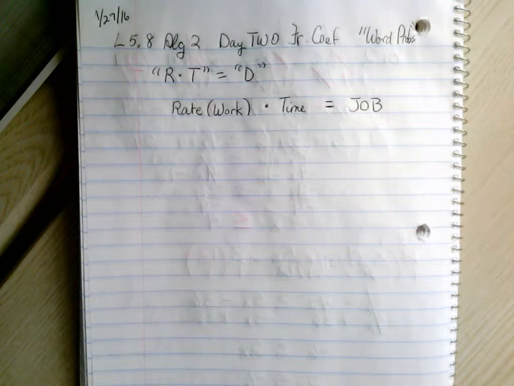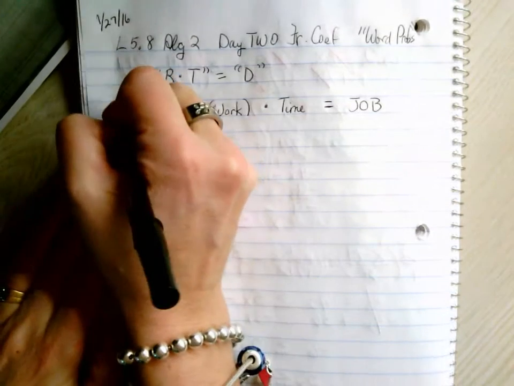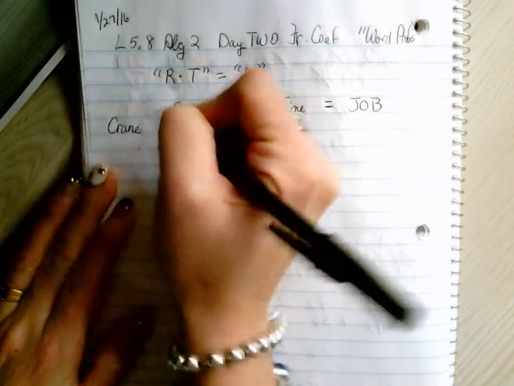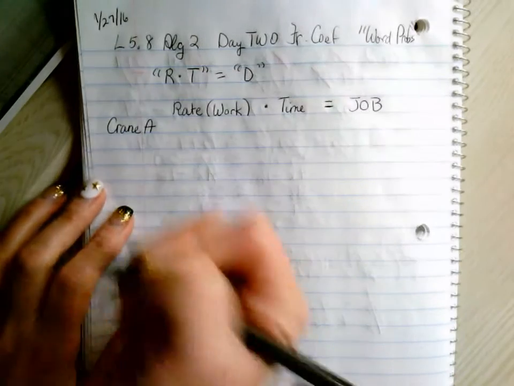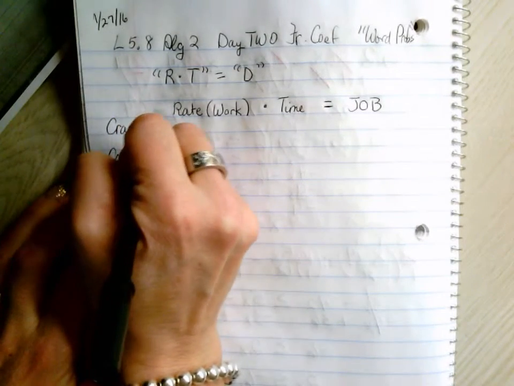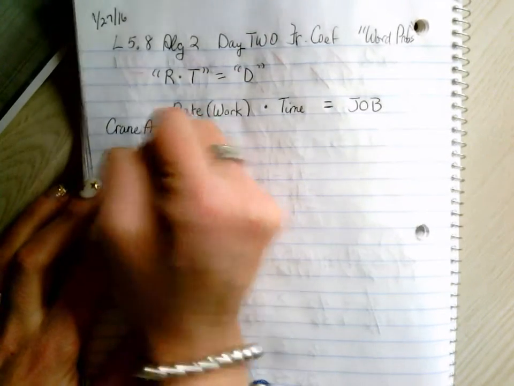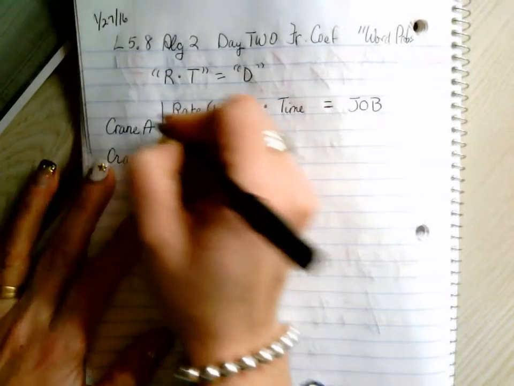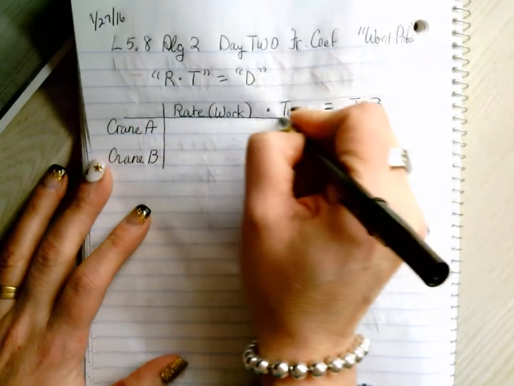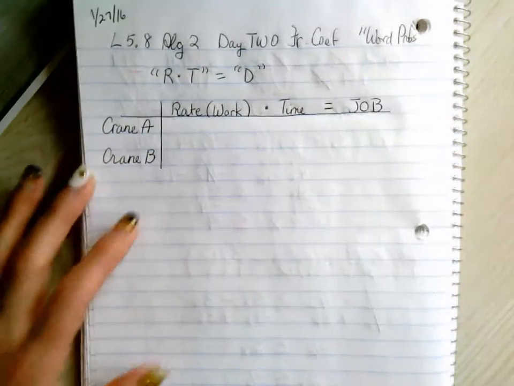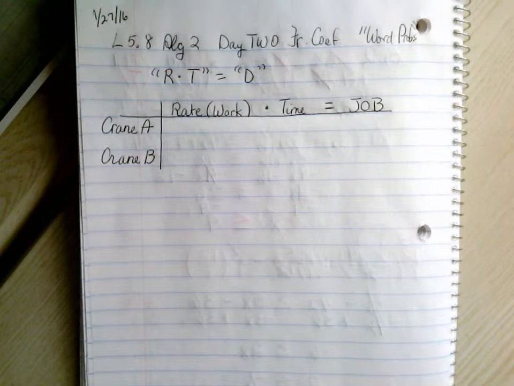Okay? So who am I comparing? I am comparing crane A with crane B, right? Now, the rate at which these jobs are being done is stated in sort of a weird way.